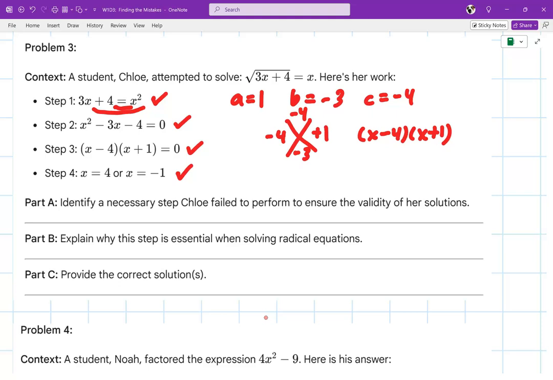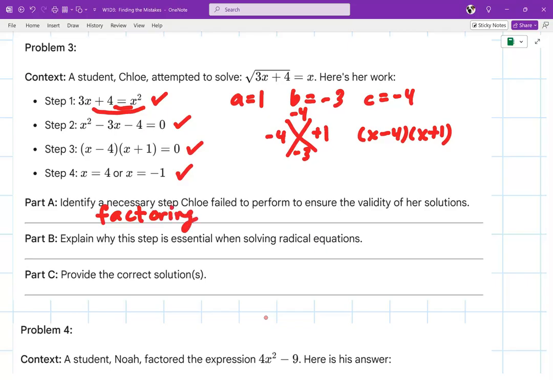Okay? Identify a necessary step Chloe failed to perform to ensure the validity of her solutions. What would have been good to show in this problem? Probably the factoring, right? So people don't just look and say, like, how the heck did they go from 2 to 3? I don't get it, right? So maybe that would have been good. So I'd put right here like factoring. That probably would be a good step.